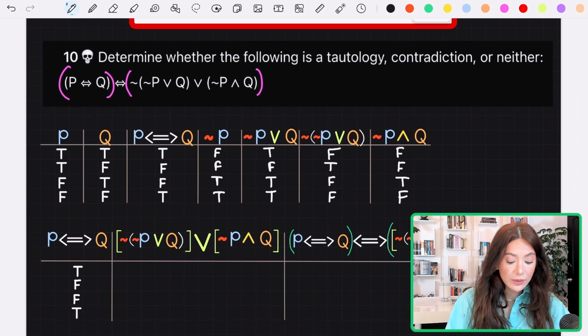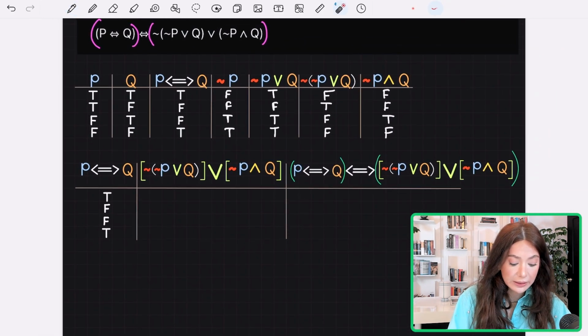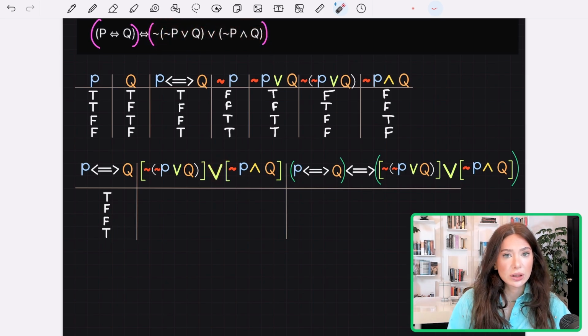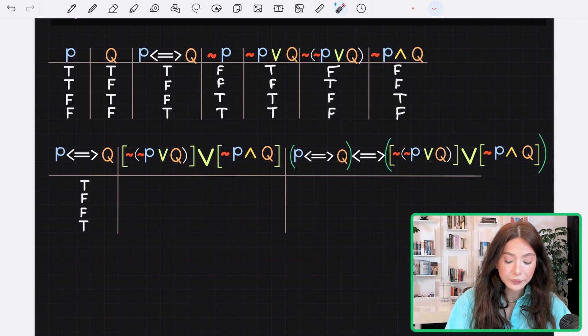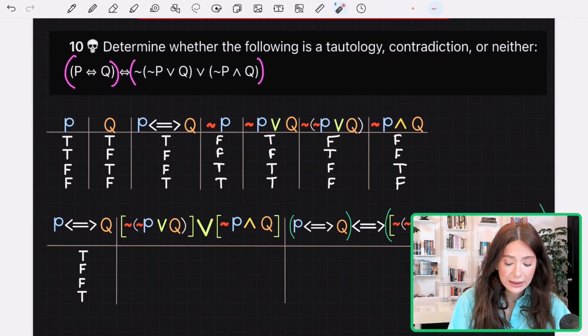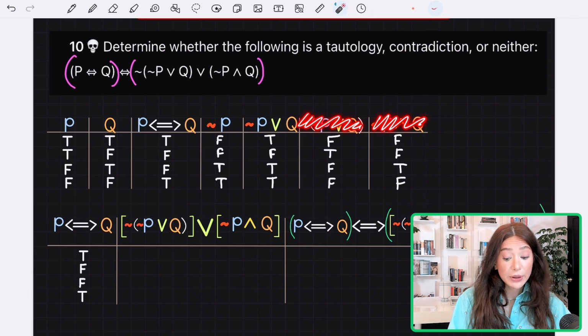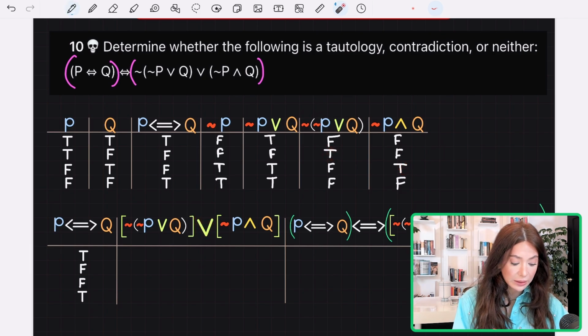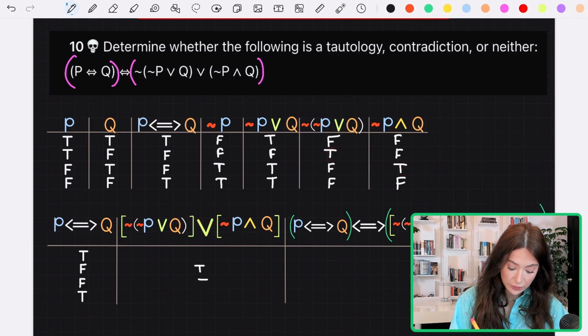All right, now I have gotten this one and this one. So I'm ready to do the final disjunction. Okay, so I'm looking at this and this. And I need both of them to be true at the same time. Oh no, I need the disjunction. So I need one of them to be true. So it's true here. Here they're true, and then they're false.